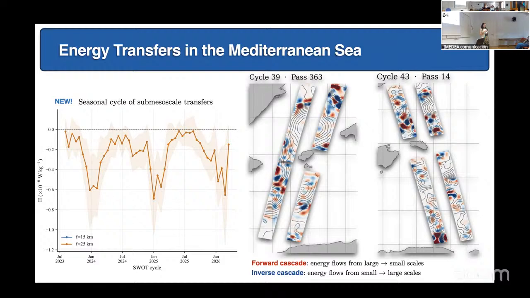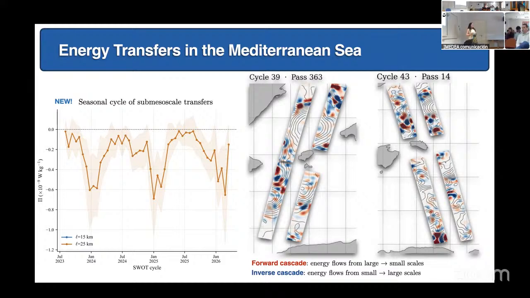You set the scale, you filter the motion, and then you see if the energy is going to the smaller scale or the larger scale, and then you assign the transfer. Mathematically, it is the strain tensor multiplied by the momentum flux. So the data you have is velocity from the satellite.